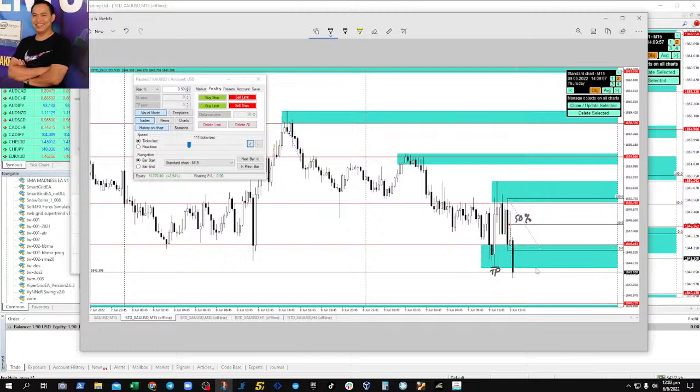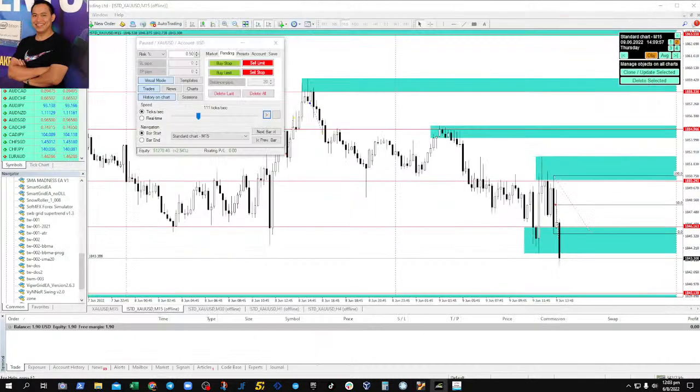Okay. Remember, no BE, no layer. Just keep it easy. That's the best thing to do. Right, so this is trade number 14, 1.68R.